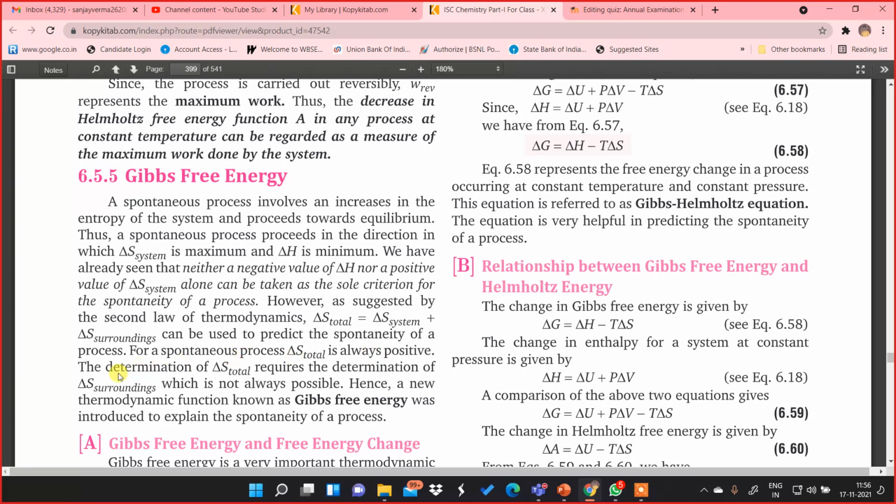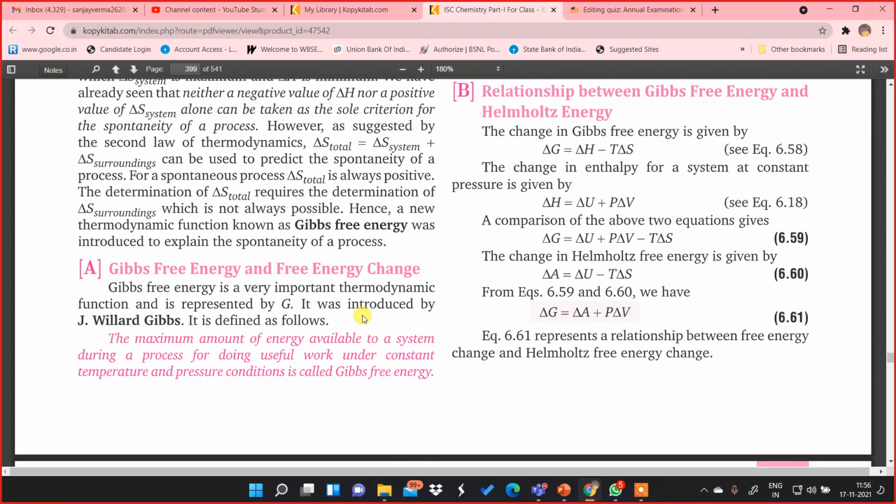Remember that. The determination of delta S total requires determination of delta S surroundings, which is not always possible. Hence, to clear this confusion, a new thermodynamic function, known as Gibbs free energy, was introduced to explain the spontaneity of a process, and which we use even till today.